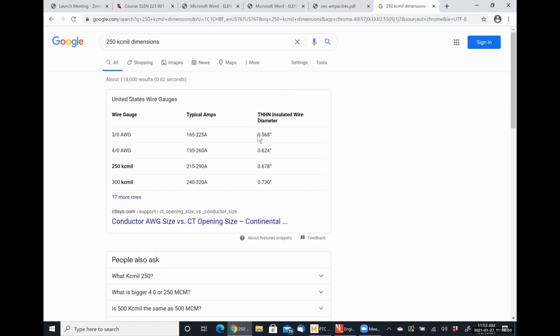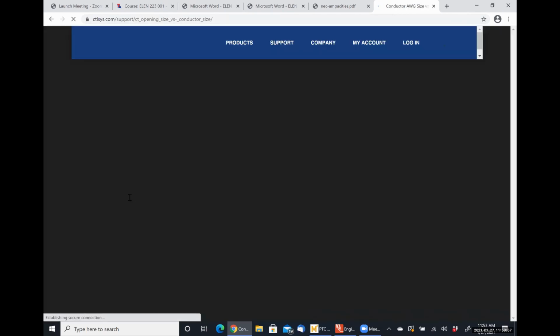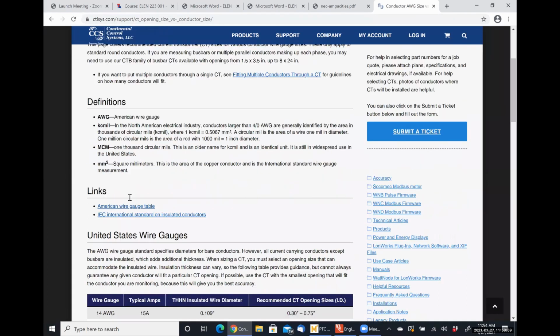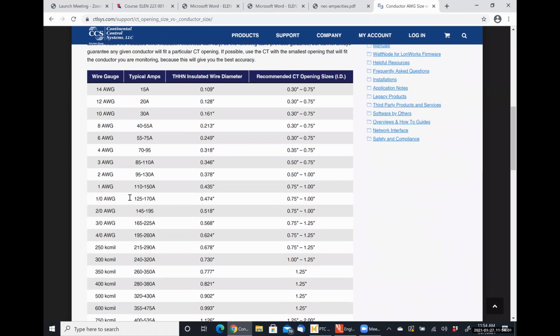And let's just see how big that bad boy is. If 300 kcmil is 0.73, 0.821 inches. So we're talking about a big fat cable to handle this.